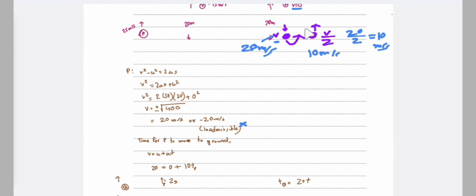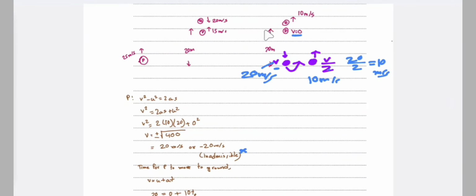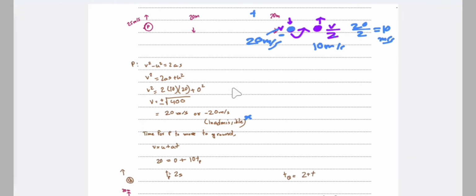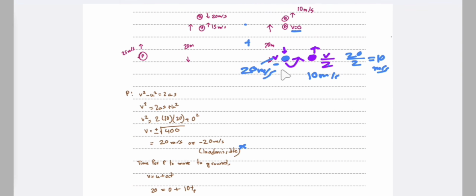Now, what time does P take to reach from the height of 20 meter to the ground? So what is the time interval for P to reach the ground, from the initial rest to the ground?